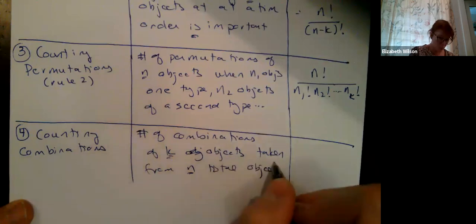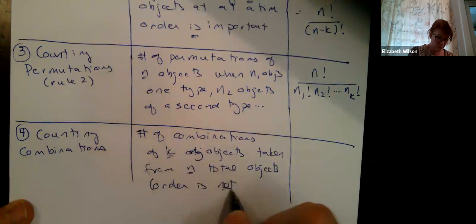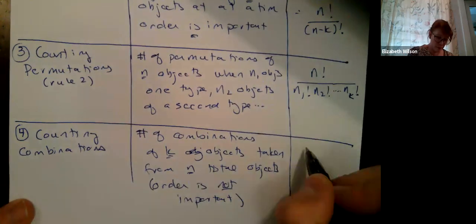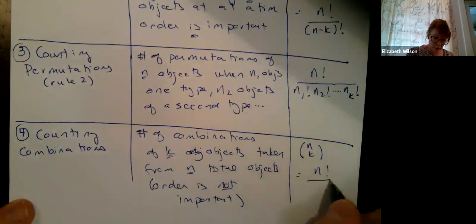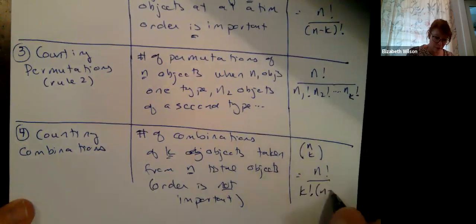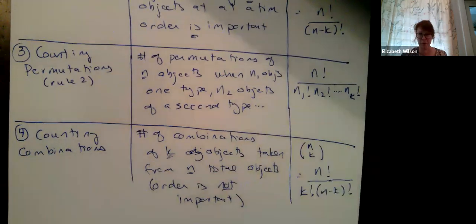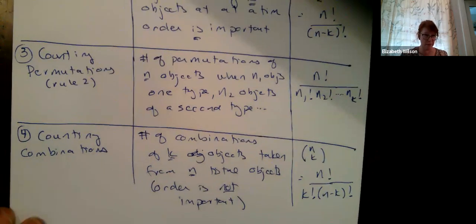And in this one, order is not important. This is our n choose k, which is equal to n factorial over k factorial times n minus k factorial. So our summary helps to tabulate and put into a summary the different types of rules that we've been working with and talking about. So here's rules 3 and 4.